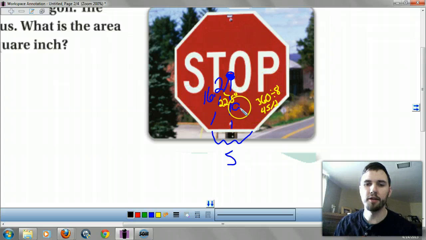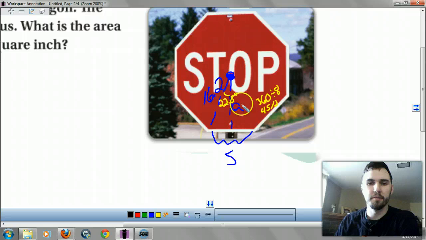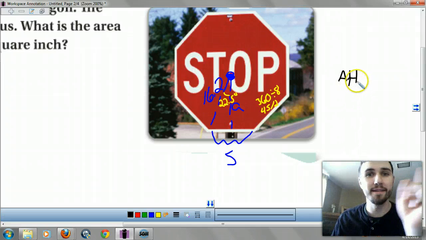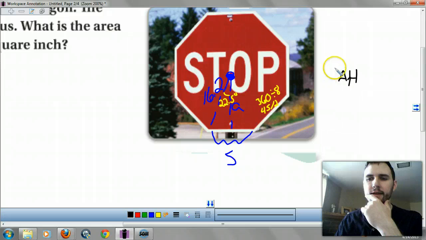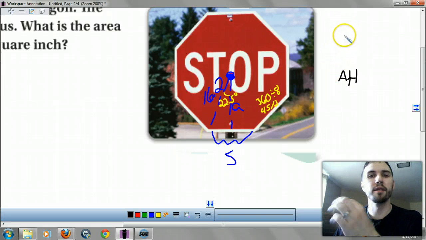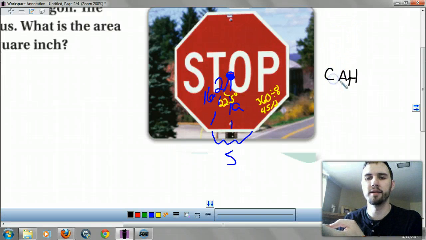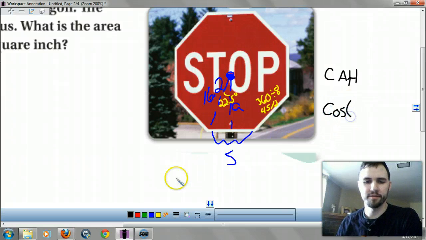Okay. Now to find my apothem, what I need to do is I have an adjacent and I have a hypotenuse. Aha! So CAH. So I set my cosine of 22.5. I put that in yellow just so you know where I got it from.